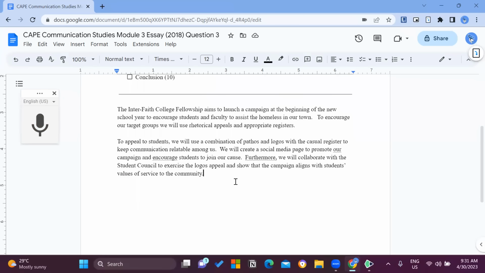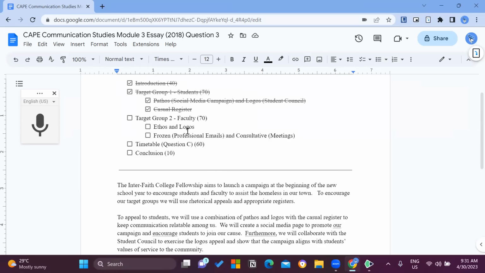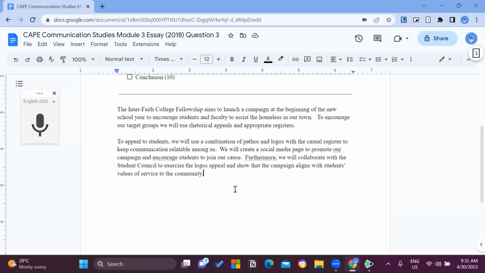Now for target group number 2, that would be faculty, yeah? And as I said, I intend to go with ethos and logos, and of course, frozen register and consultative. So again, I'll introduce a topic sentence and I'll list these in the order in which I'll speak about them, so that I don't have to repeat myself that much, right?